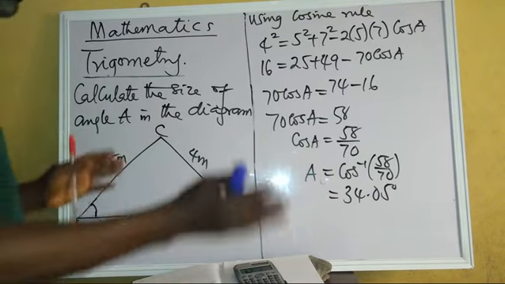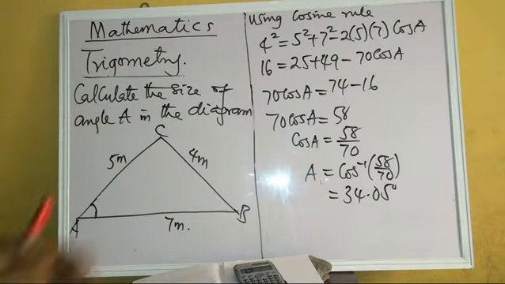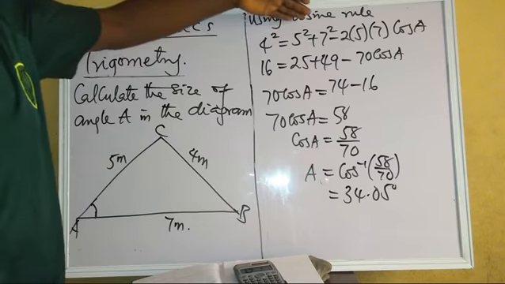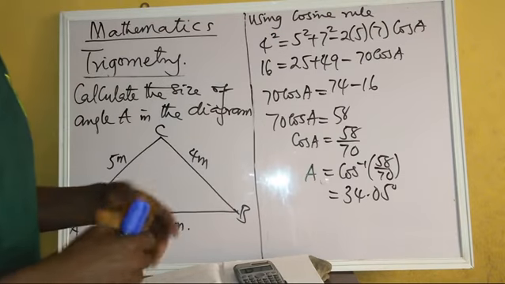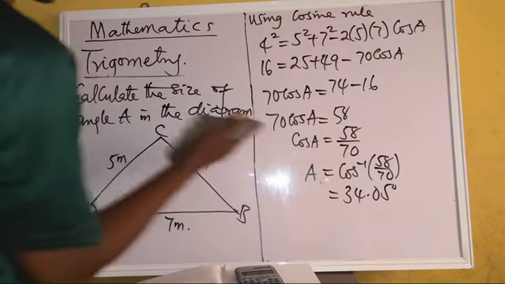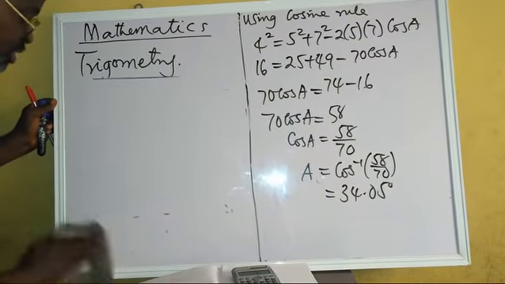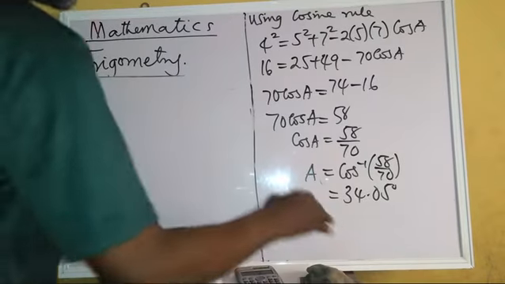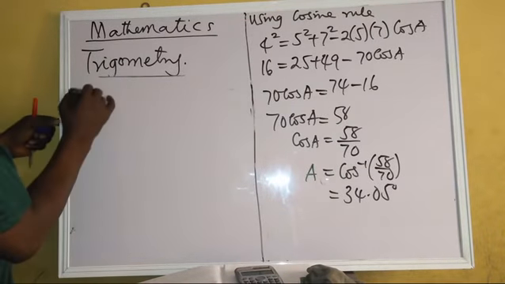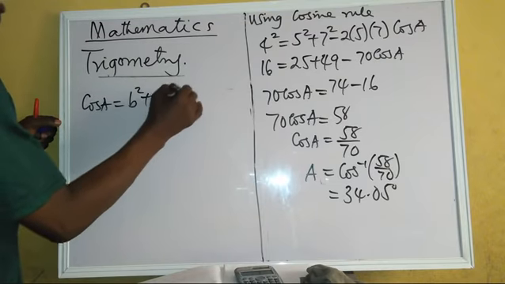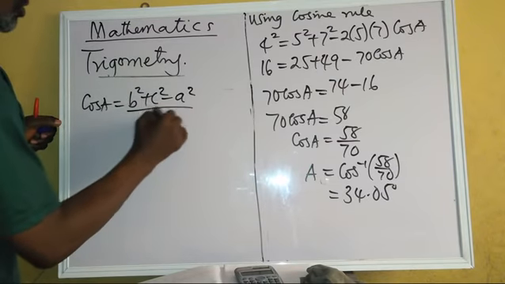It could be any angle, whether A, B, or C, as long as you follow the procedure from the beginning. I didn't make the angle the subject, because in some cases they will write this for you. This is just to avoid putting too much formula into our memory. They say cos A is B squared plus C squared minus A squared over 2BC.